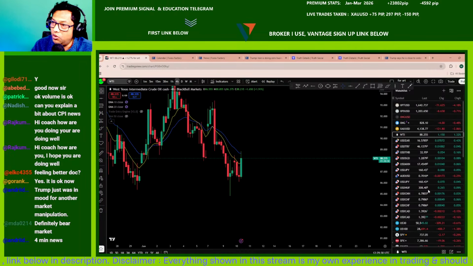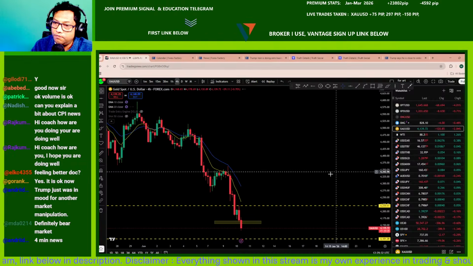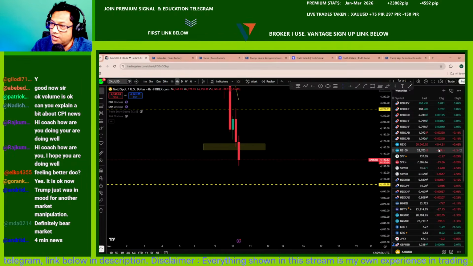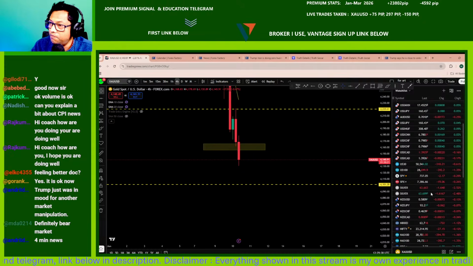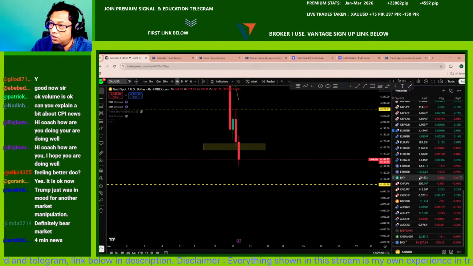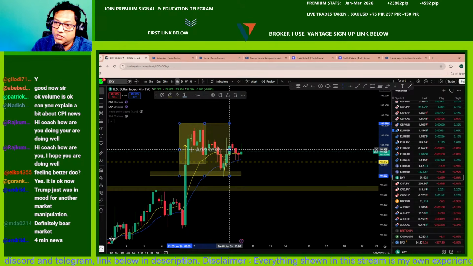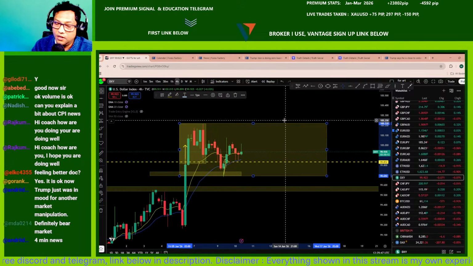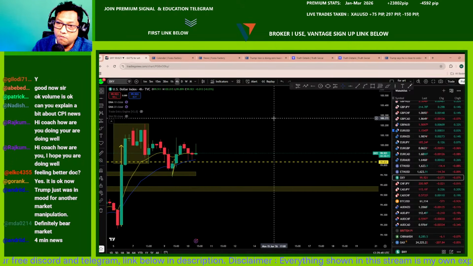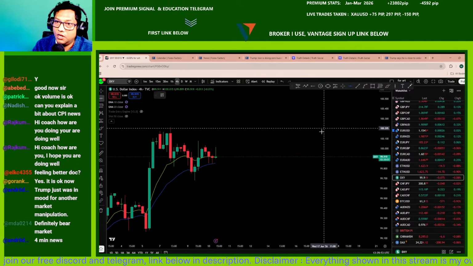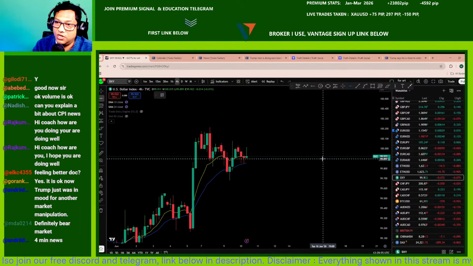So oil, and if you look at gold, especially I'm looking at gold here as well as the dollar index. Coming up, CPI will be a good indicator to look at. This is the CPI move we might see shortly after, and this is the 4-hour price action that you can see.